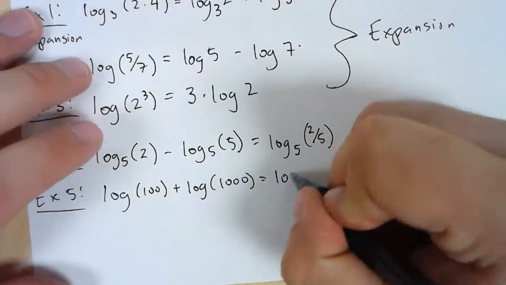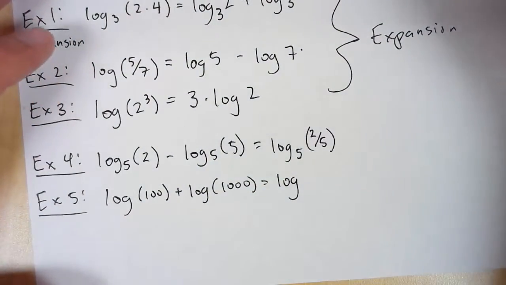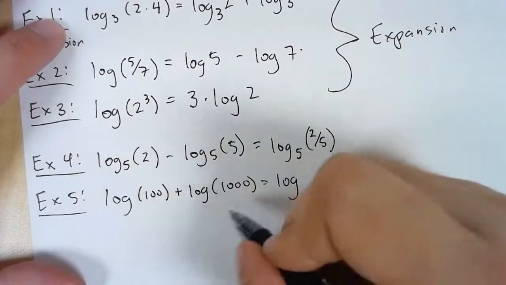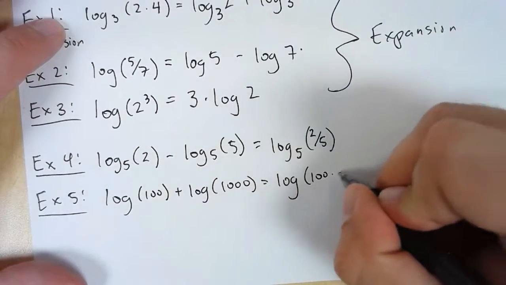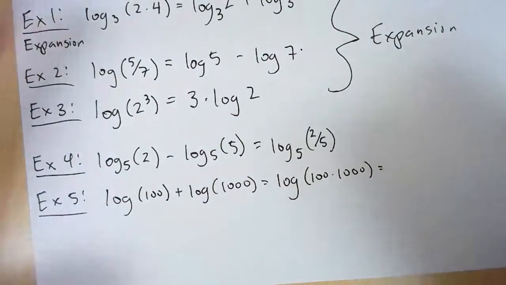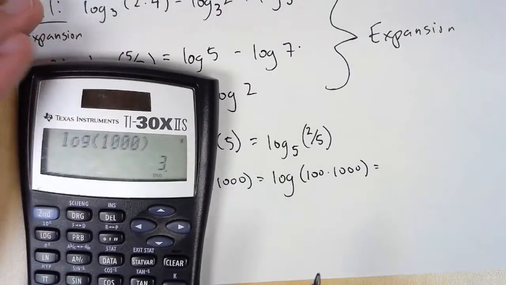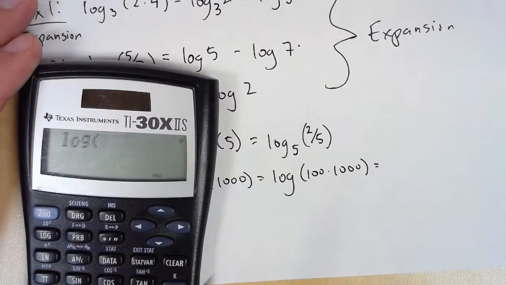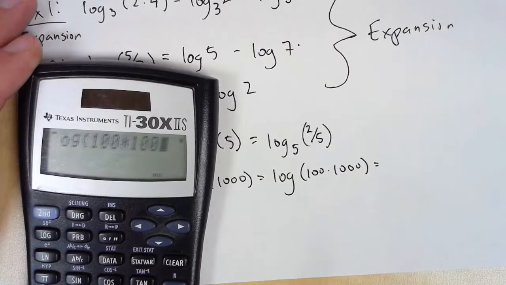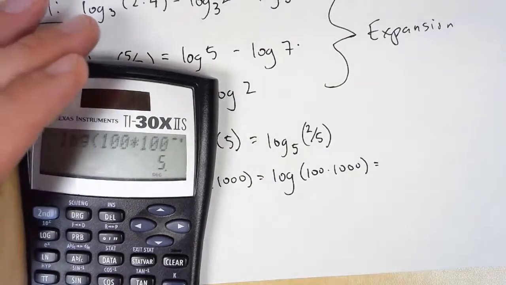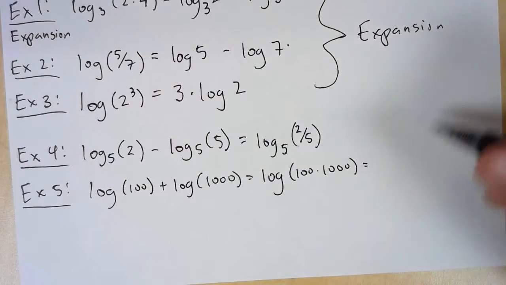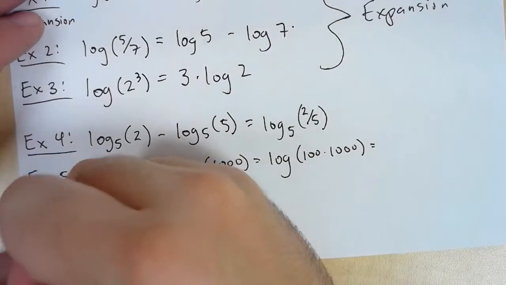So we're going to write this as log. It's got addition in the middle, which says it's the multiplication rule. Our same base of 10 of 100 times 1,000, which should be 2 plus 3 to give us 5. So let's try log of 100 times 1,000. And it does. It gives us 5. Fantastic. So we could get 5 here if we wanted to, but right now we're just practicing expansions.